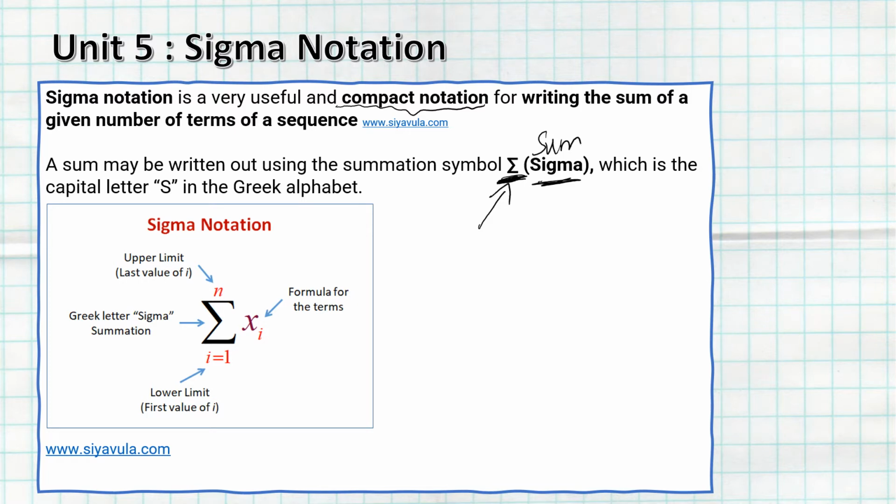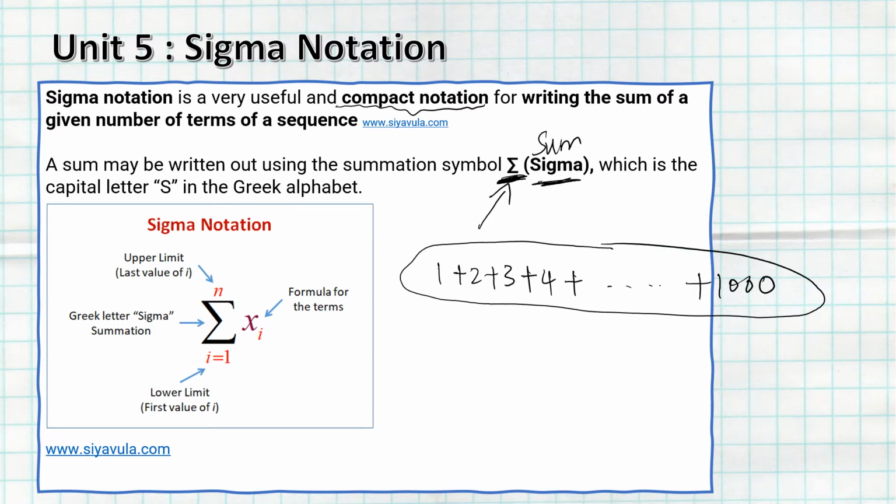Sum. It represents sum. Okay, for example, we might want to write the sum 1 plus 2 plus 3. Let me just use an arithmetic series: 1 plus 2 plus 3 plus 4 and so on, up until we reach 1000, right? If you are writing all these sums, you're going to take a lot of space.